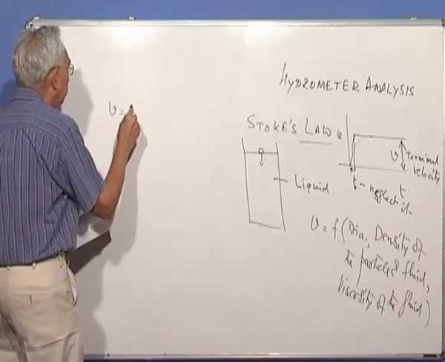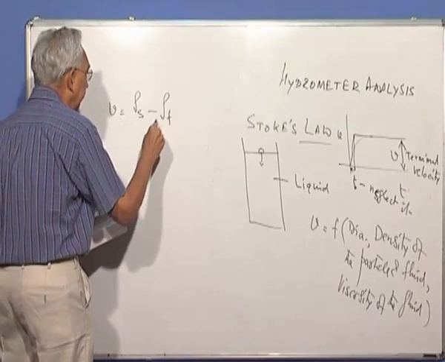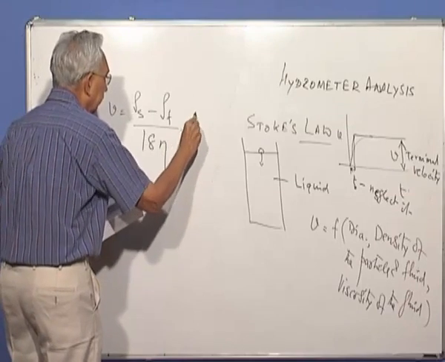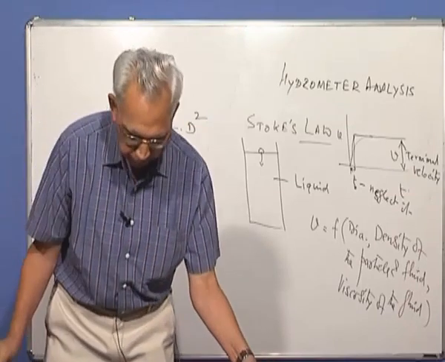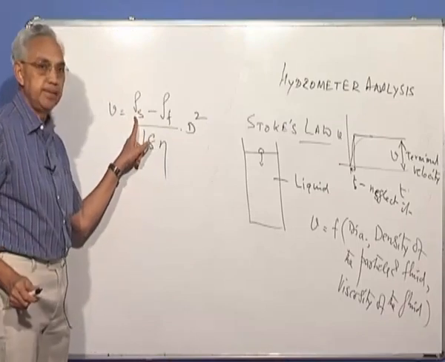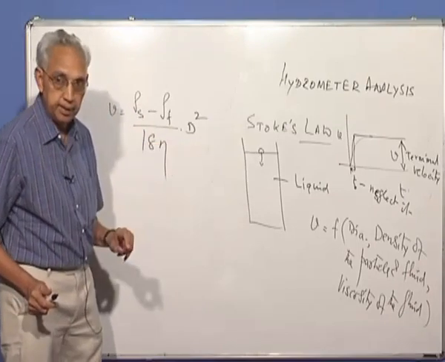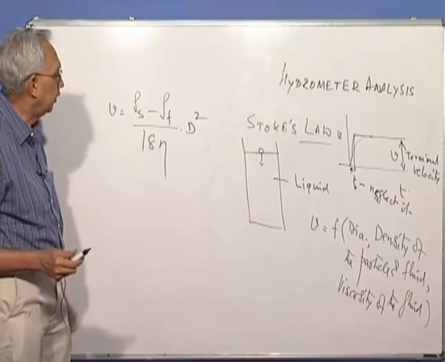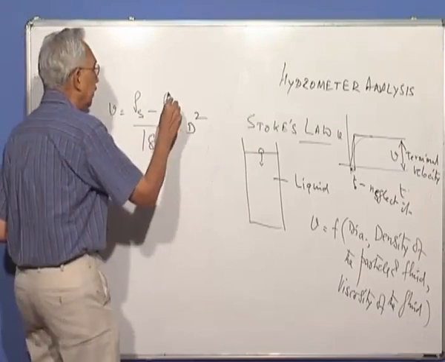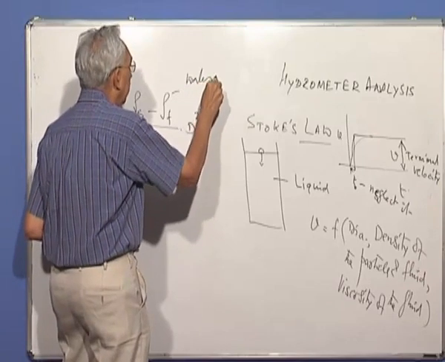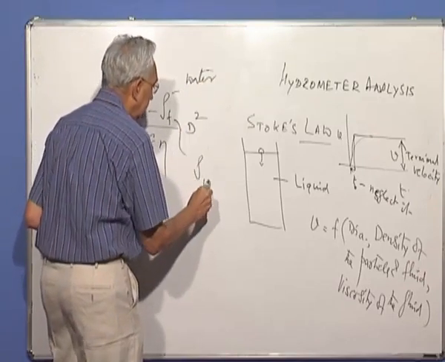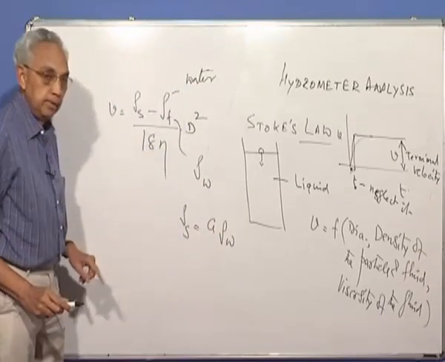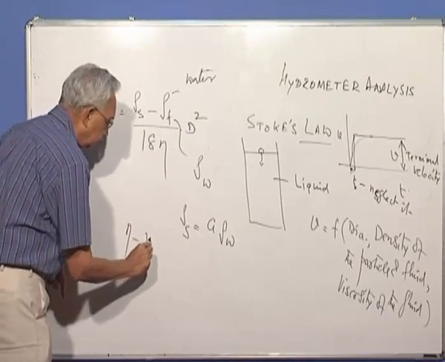V is equal to (rho solid minus rho fluid) by 18 eta, into d square. As you can see here, this is the density of the solid, the particle that you are putting in. In our case, we know that it's equal to G times the density of water. This is rho fluid. We are using water all the time, so I can replace this by rho water. Rho solid is G into rho water, and eta is the viscosity of water.